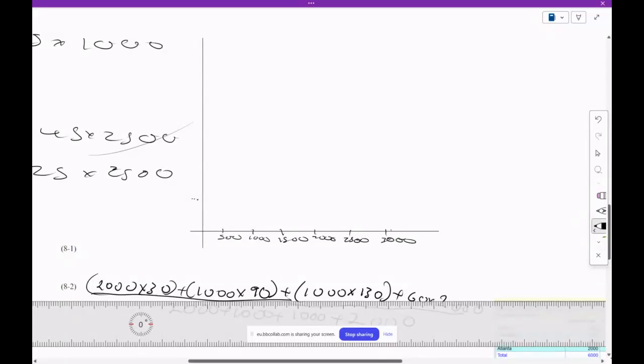Then we want to go until what's the maximum? I think 180. We want to go until 180.